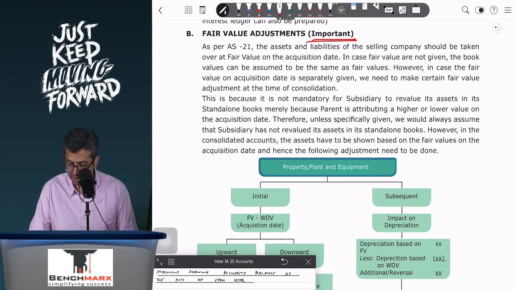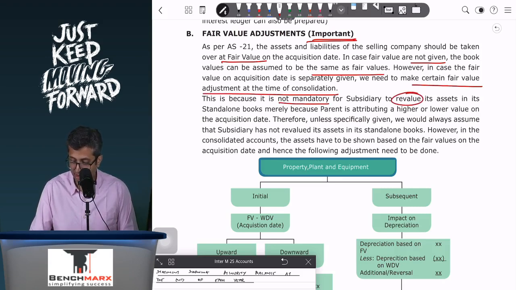So over here, we say as per AS 21, assets and liabilities should be taken over at fair values on the acquisition date. In case fair values are not given, then the book values can be used as the same as fair values. But if the fair values are separately given, we will need to take fair values at the time of consolidation. It is because it is not mandatory for the subsidiary to revalue its assets in its standalone books merely because the parent is attributing higher or lower value.